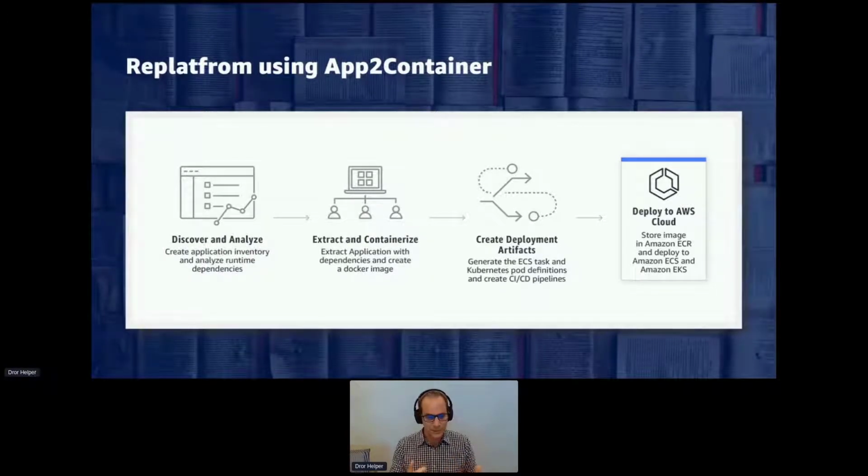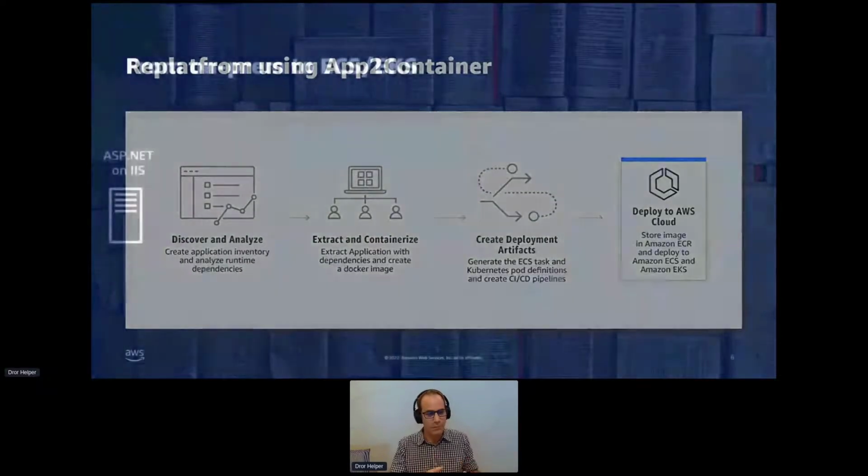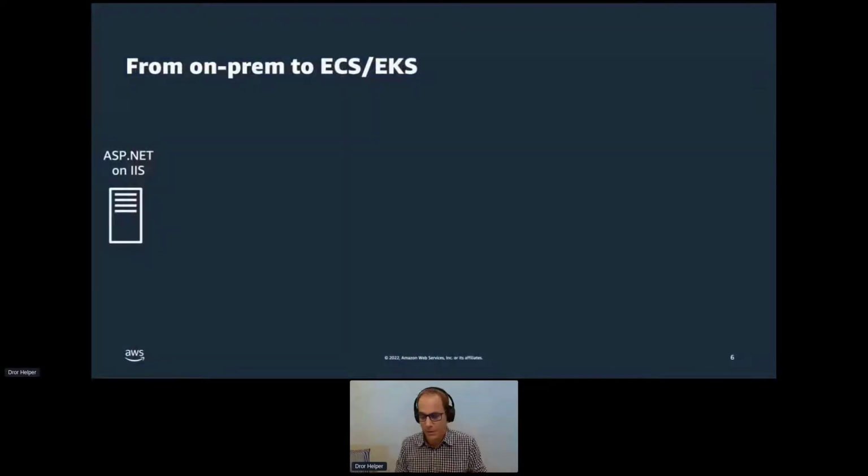It works in a very nice way, and it helps you discover what you need in order to host your existing application inside the Docker image. The way it works is that if I have a website running on IIS and I want to host it, the first thing I'll do is run an inventory command, which will give me a list of all the applications running on that website.